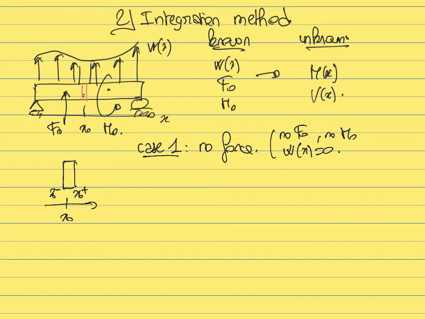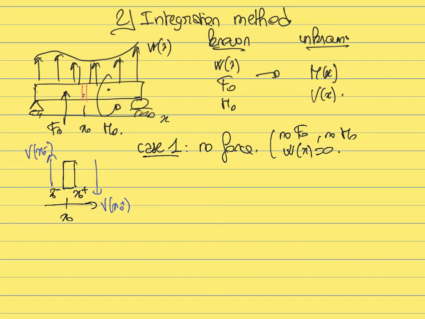So in this case, let's define the internal shears and the internal moment. We're going to define these with the positive sign convention. The internal shear is going down when it's on the right, so that would be the internal shear at x naught plus, and the internal shear is going up if it's applied on the left surface like this, so that would be the internal shear at x naught minus.